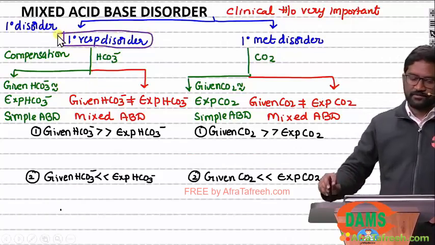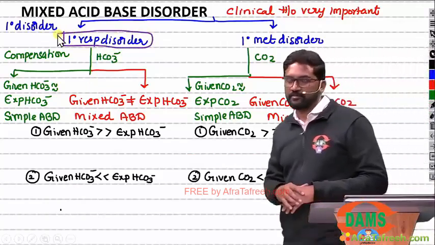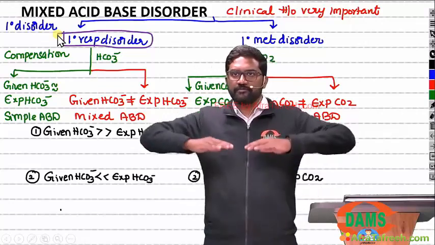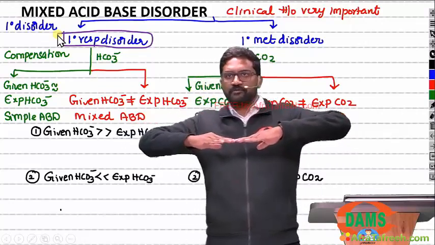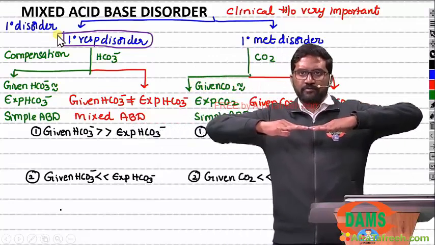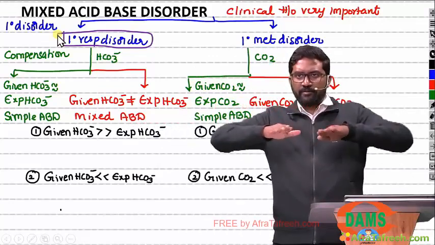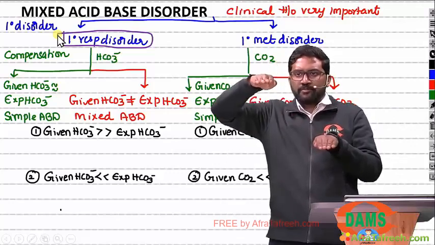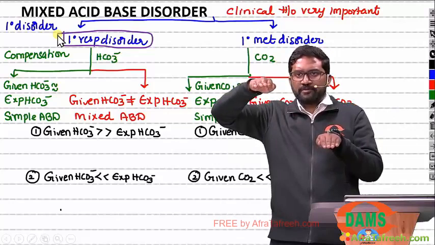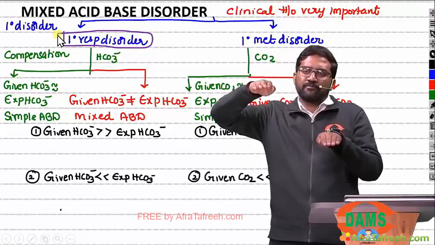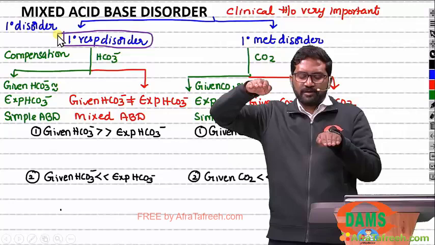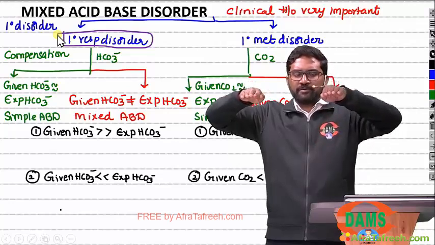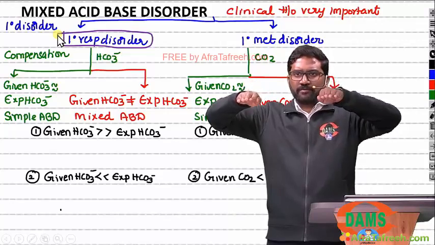Listen very carefully, students. Say for example, there is a patient with COPD. Because of COPD, his CO2 has increased from the normal value of 40 to 60. To call it a compensatory phenomenon, bicarbonate should increase from 26 to how much? For 10 it is 4. For 20 it is 8. 26 plus 8, 34. But in the patient's body, bicarbonate is now 38.